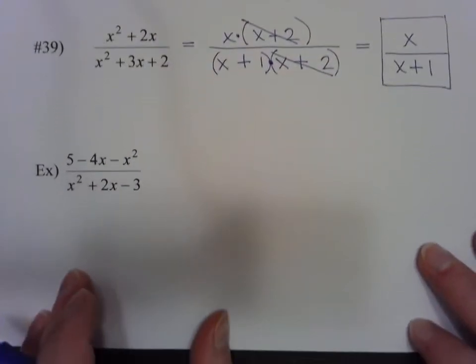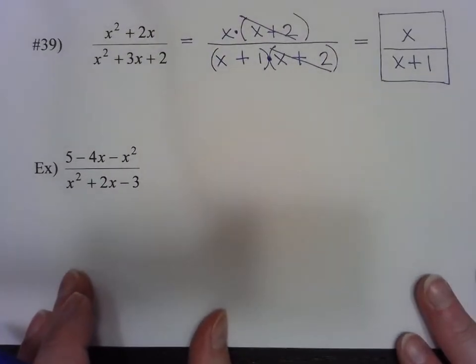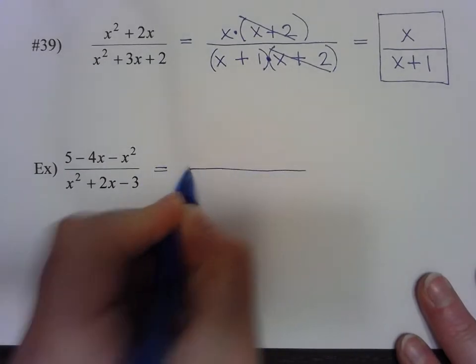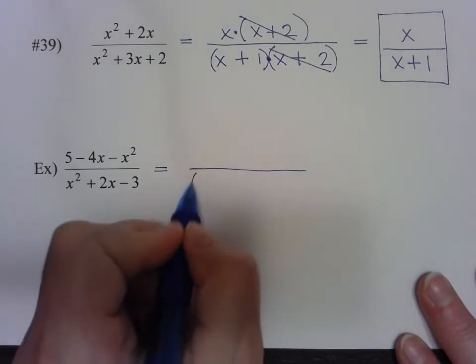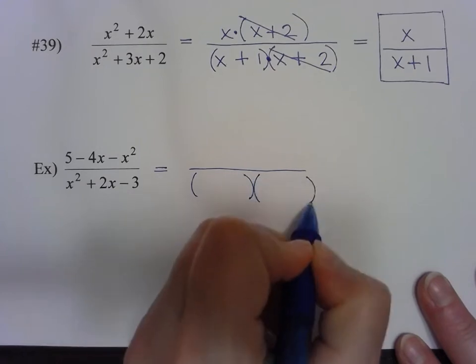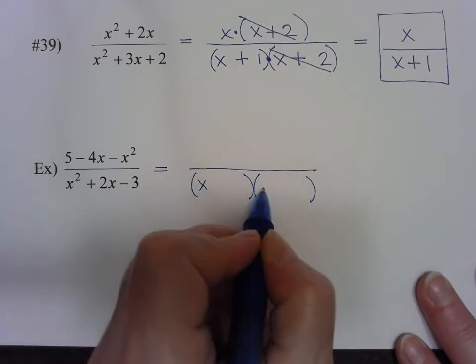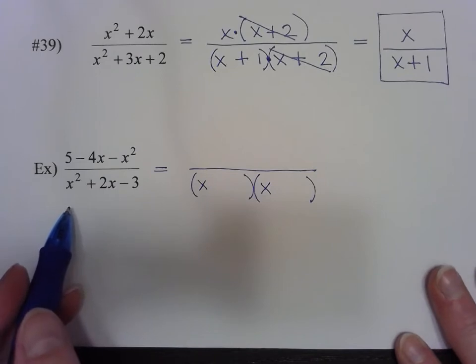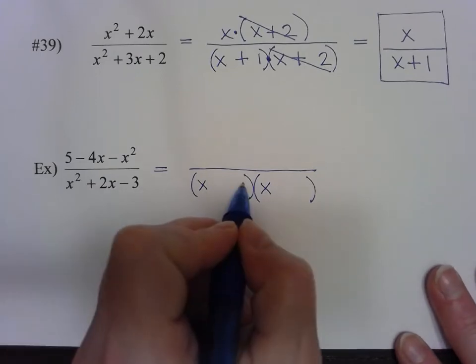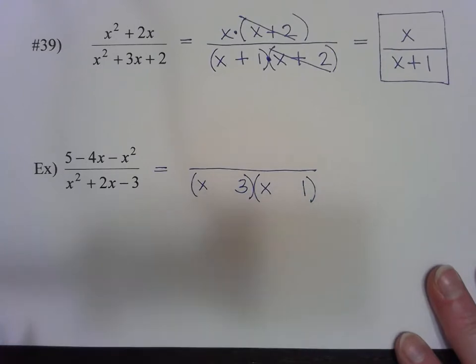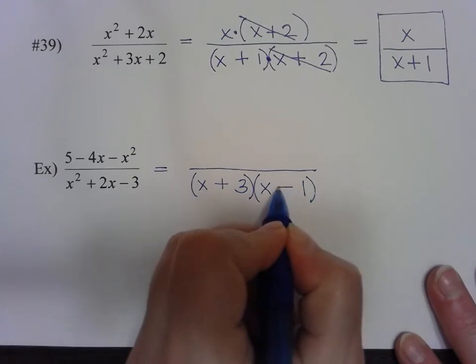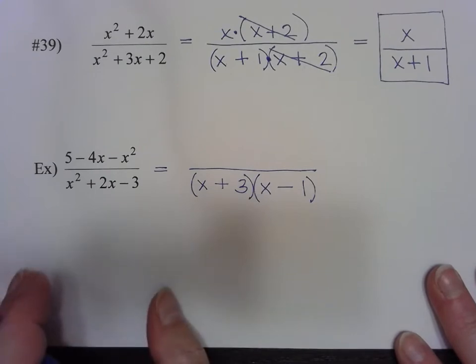All right, how about this one? Let's start with the denominator. If I factor the denominator, what will I have? I think it should give us an x plus 3 and an x minus 1.